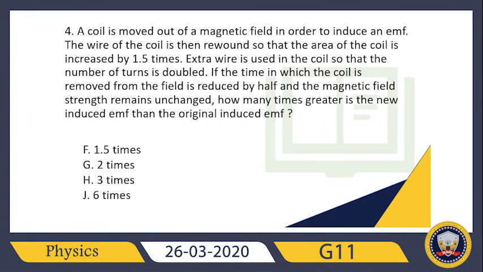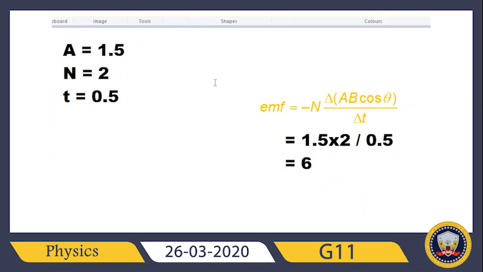So let's solve it together. As we said, we have three givens. The new A is 1.5, the new N is 2, and the new time is 0.5. From the formula, EMF is equal to negative N times delta AB cosine theta divided by time. The new area is 1.5, so times 1.5. The new N is 2, so times 2. The new time is 0.5, so divided by 0.5.